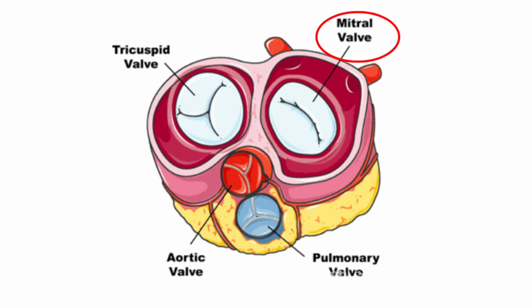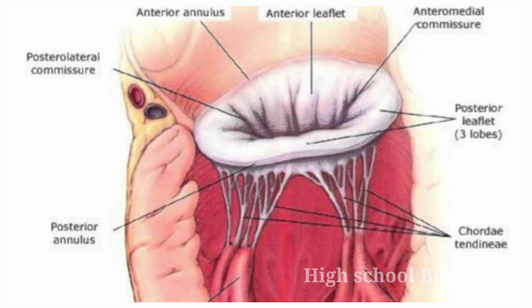The bicuspid valve is also called the mitral valve, as it resembles a mitre, which means head. The tricuspid and bicuspid valves prevent the backflow of blood into the auricles.